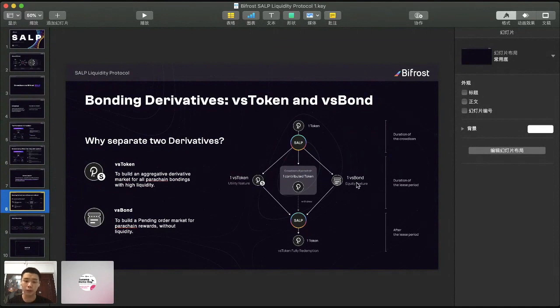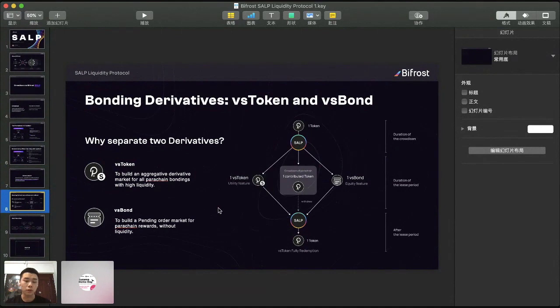And the other one is VS bond. VS bond is to build a pending order market for parachain rewards without liquidity. It's a kind of NFT unique to different parachains, which also represents that you contributed to the parachain, so you can get the parachain reward during the bonding period. That's very easy to understand.